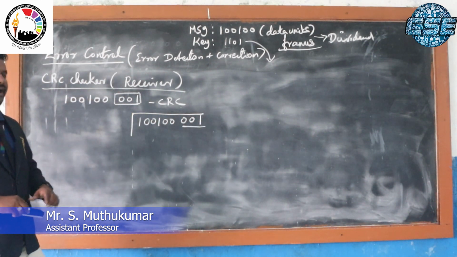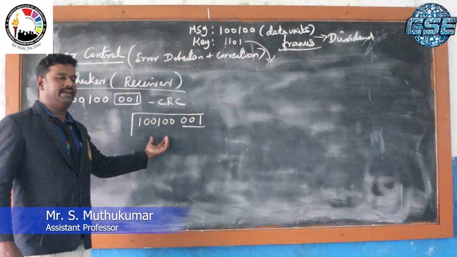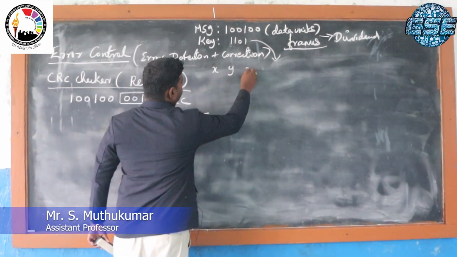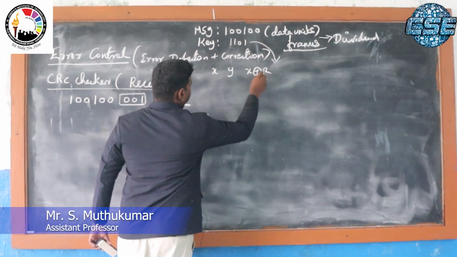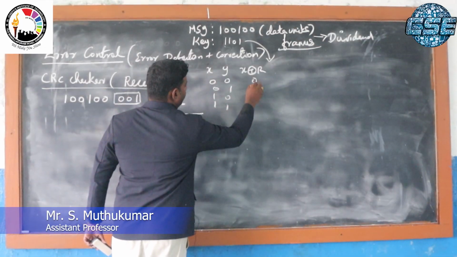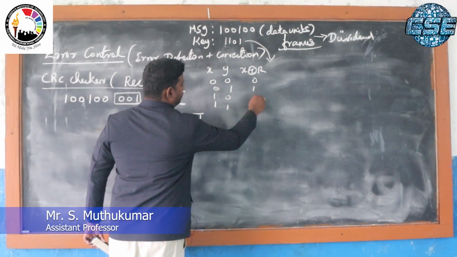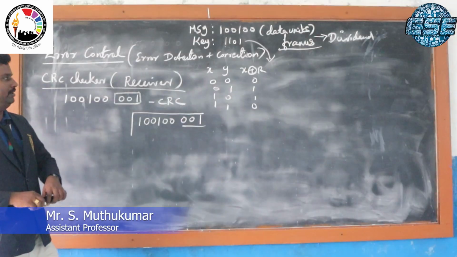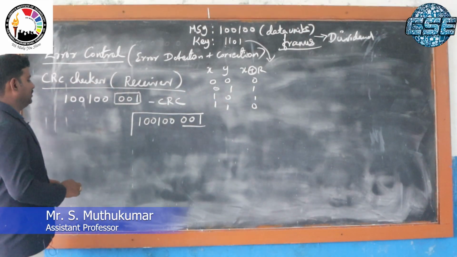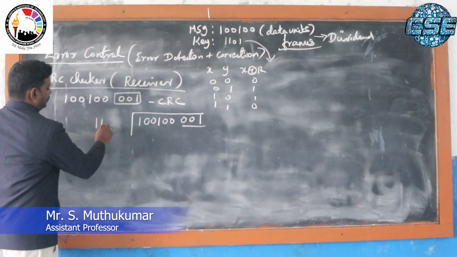We know that binary division is in the format of XOR. We know the XOR table already: 0 0 is 0, 0 1 is 1, 1 0 is 1, 1 1 is 0. So the same value gives us 0, and if the inputs differ, we get 1. Follow the same procedure with the same divisor.